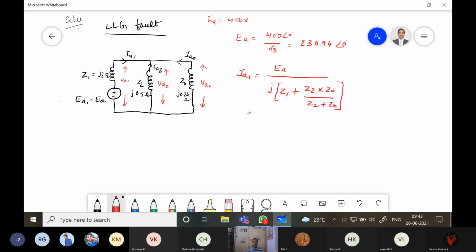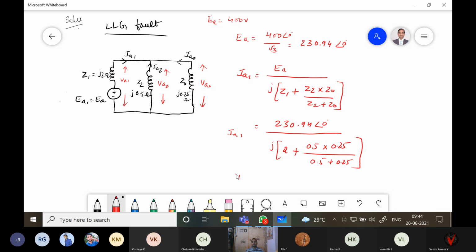So EA is 230.94 at an angle of 0 degree, divided by J times Z1, that is 2 ohm, plus Z2 is 0.5 and Z0 is 0.25, divided by 0.5 plus 0.25.